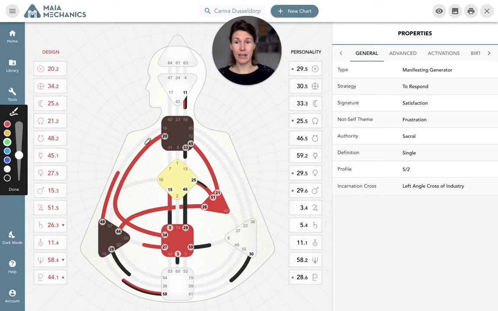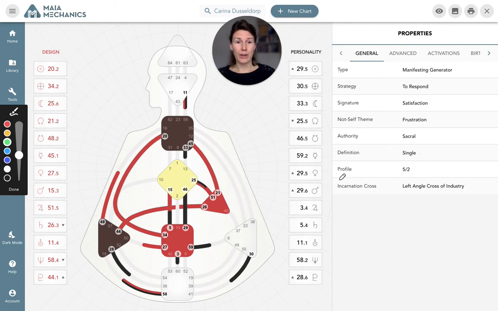As you can see here, all my channels and all the centers are flowing in one way. So they're all connected. There are no splits. There's nothing to be bridged here. It all flows in one way. It's all connected to each other. And that's what single means.